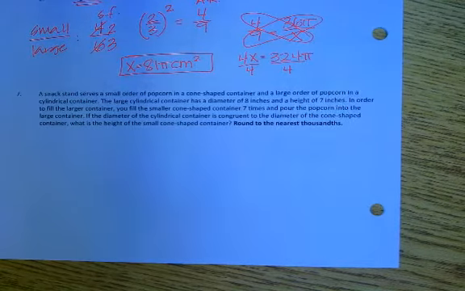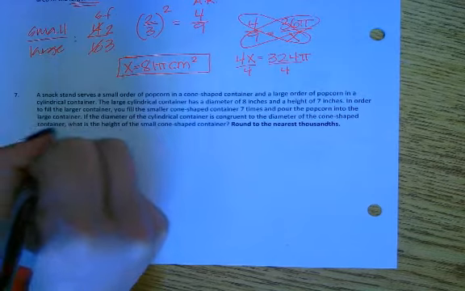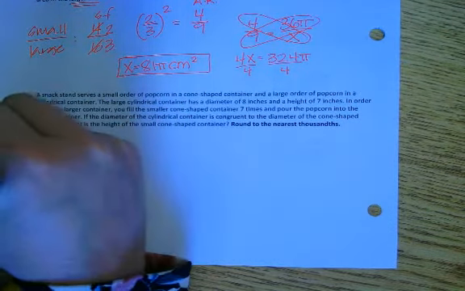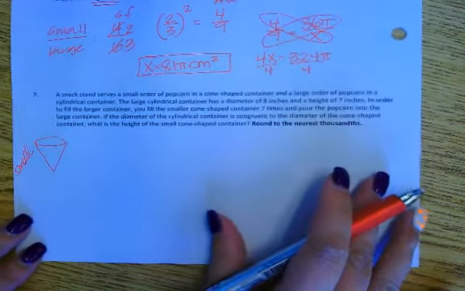Alright, a snack stand serves a small order of popcorn in a cone-shaped container. Okay, so my small order is in a cone-shaped container. A large order of popcorn is in a cylindrical container.